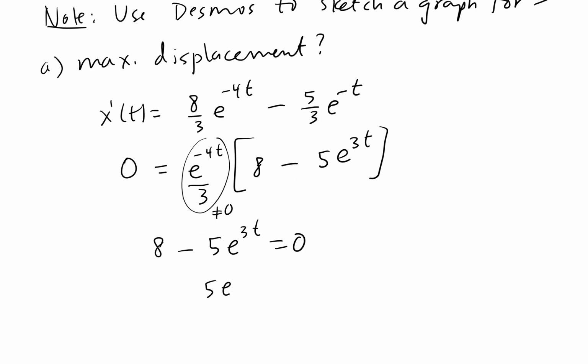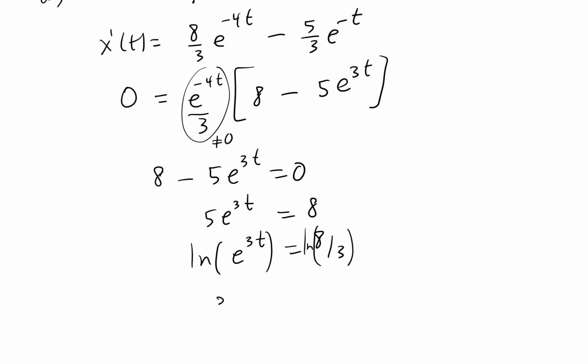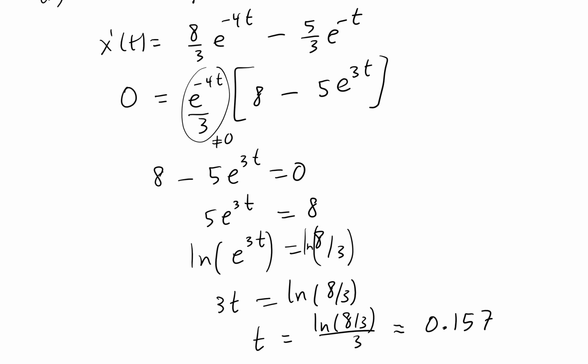Solve for t by subtracting 8, dividing by negative 5 to get 8/5, and then taking the natural log of both sides. So 3t times ln of e, which is 1, equals the natural log of 8/5. So t equals the natural log of 8/5 divided by 3, which gives about 0.157.